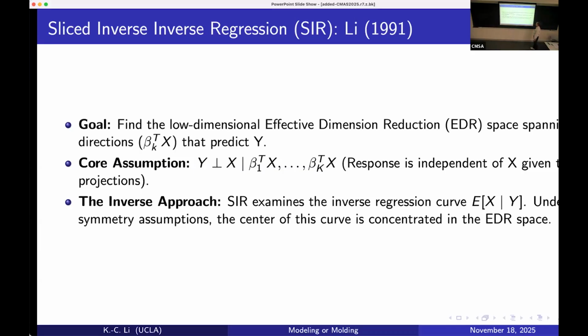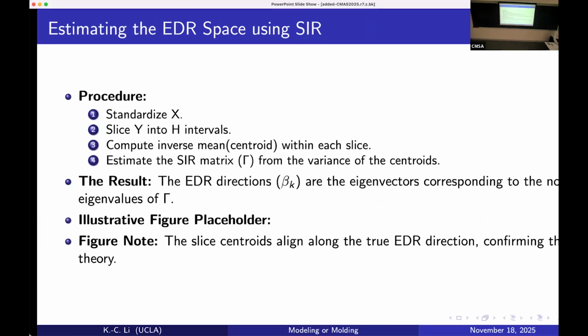So how do we do that? Switch it around. Look at the y, and then look at the conditional expectation of the x, and use some assumptions, which we'll quickly go through, and then you can have a simple procedure. The procedure looks like this.